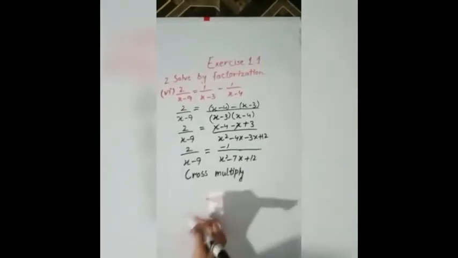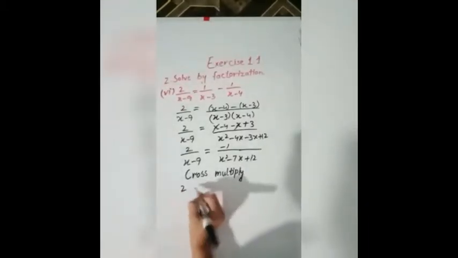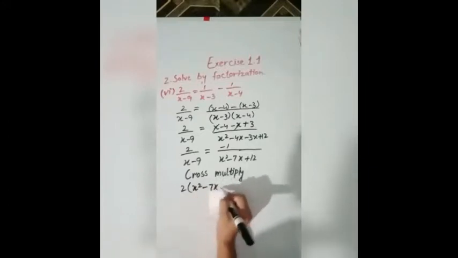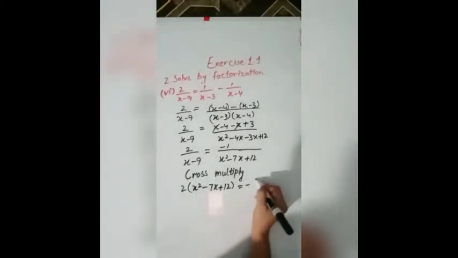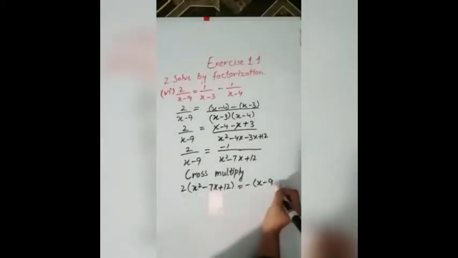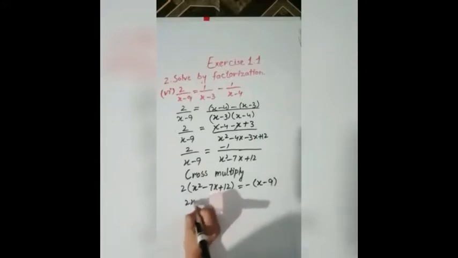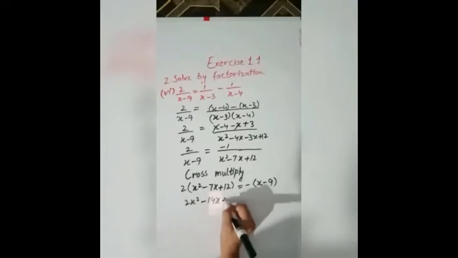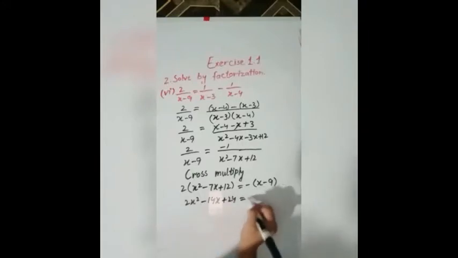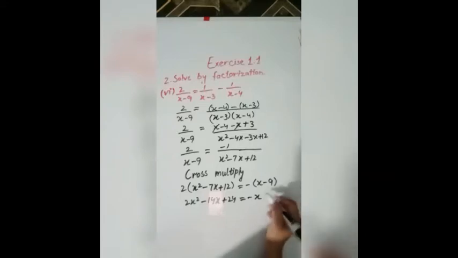Now we have to cross multiply. 2 into x square minus 7x plus 12 is equal to minus into x minus 9. 2x square minus 14x plus 24 is equal to minus x plus 9.